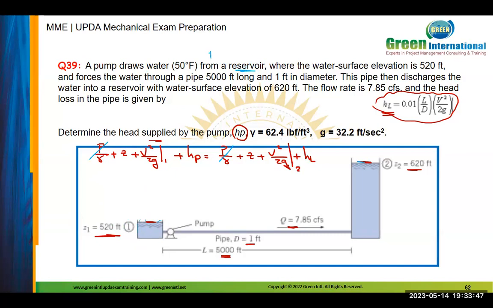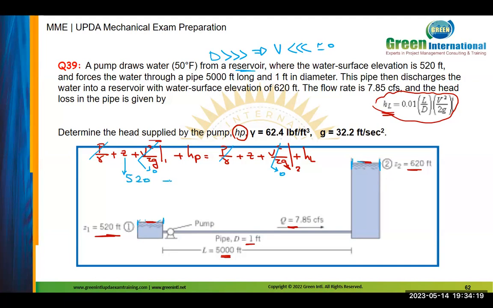What is this assumption? The diameter for a reservoir is very large, very big. So the velocity is very small, almost 0. So the velocity here for state 1 is 0. Velocity for state 2 is 0. Both in reservoir.